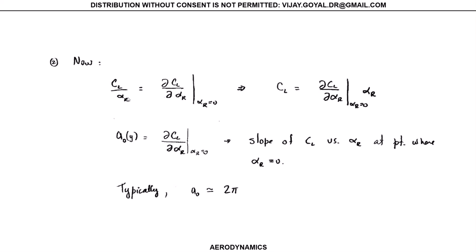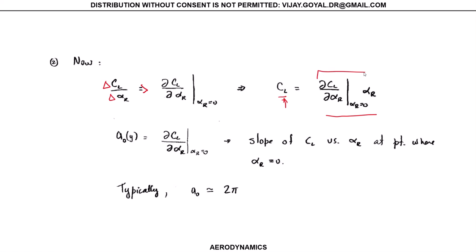dCL over the delta angle of attack, or effective angle of attack, gives you this, where I could use, if you remember, a Taylor series expansion, for a linear approximation, this is equal to this.